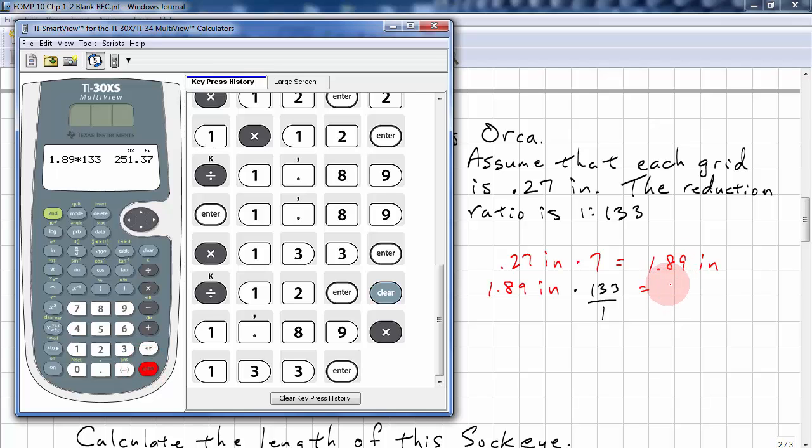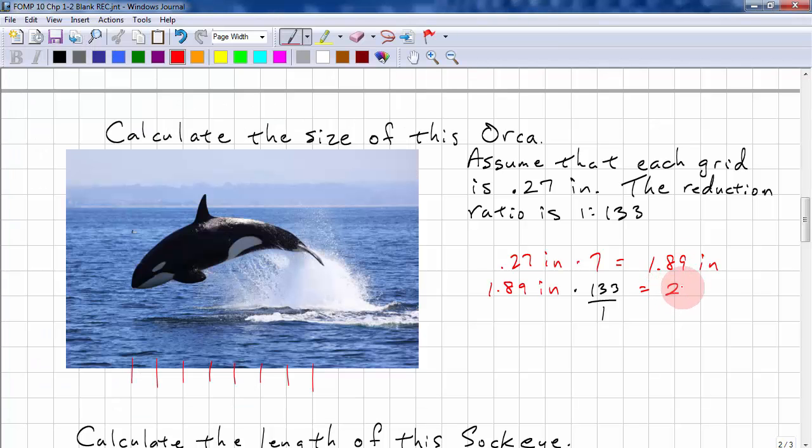That gives us 251.37 inches. This is not a useful measurement. So what we'll do is we'll convert it to feet. 251.37 inches times 12 inches in 1 foot. And this gives us approximately 21 feet.